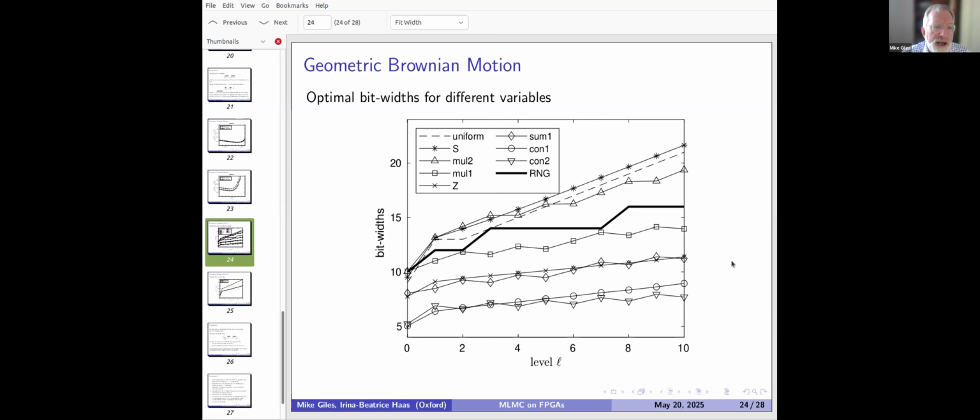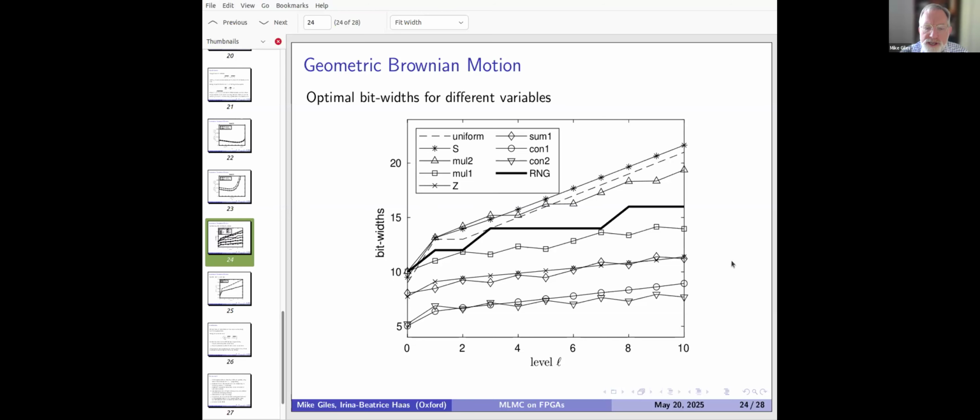What it shows is that if you go with the uniform strategy, you pretty much have to go at the accuracy of whichever variable needs it most, which in this case is the path variable S. So the fact that the optimized one has a lower overall cost is because some of the variables don't need that very high accuracy.